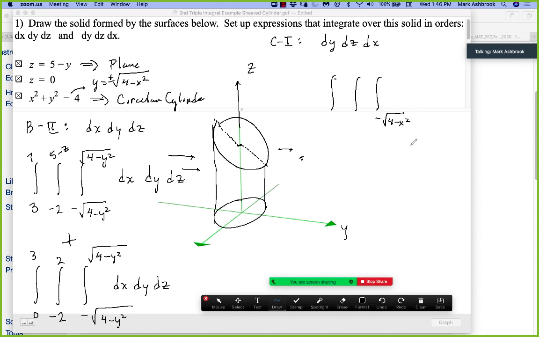Okay, and what's the right side of this thing? Where are our arrows going to exit? We would have to split it. Some of those arrows are going to exit out this plane at the topish point. Some of those arrows on the right are going to exit out the circular cylinder. So we're going to have to sum up.